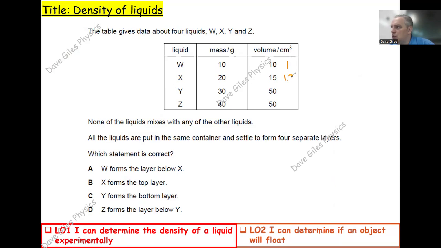Now, I'm not writing the units purely because I'm using a mouse to write this down, and it's not easy to write with a mouse. Next one is 30 divided by 50, which is 0.6. And then 40 divided by 50, which is 0.8.